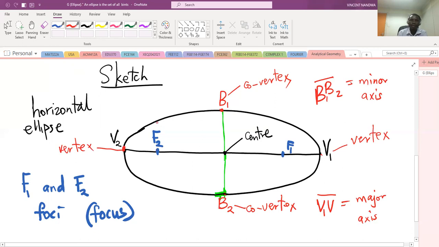And if you have a line passing through the foci and perpendicular to the major axis, then that line is called the latus rectum. And this is also another latus rectum.